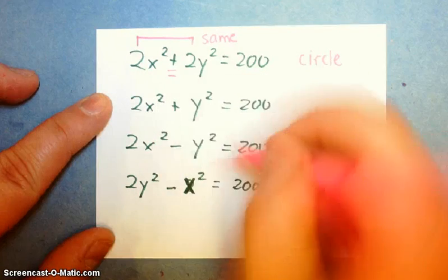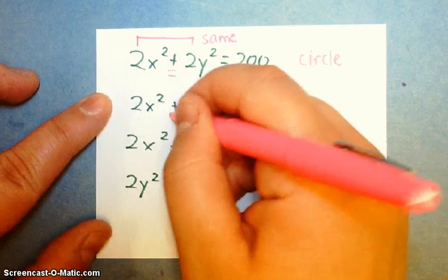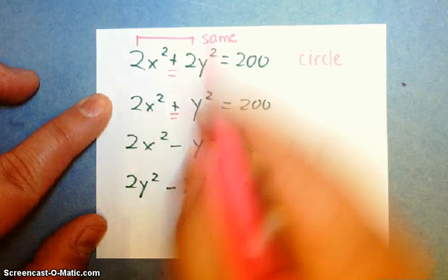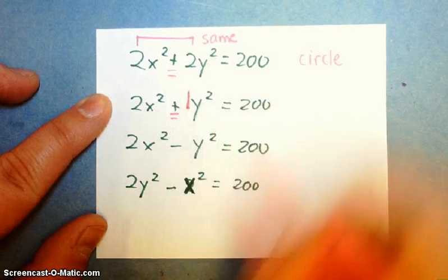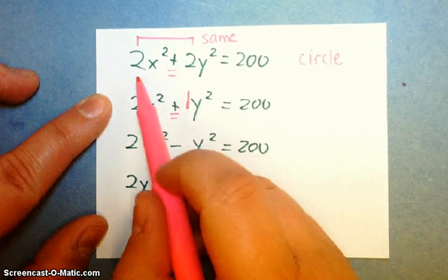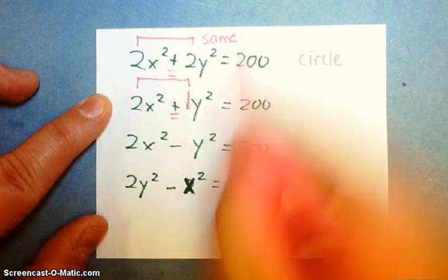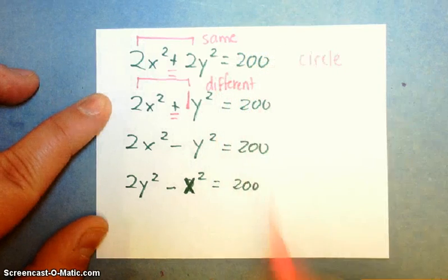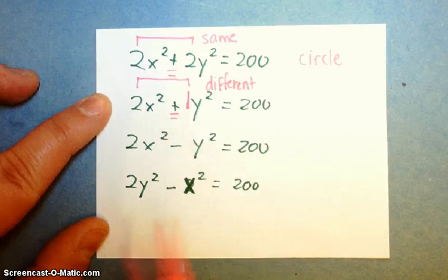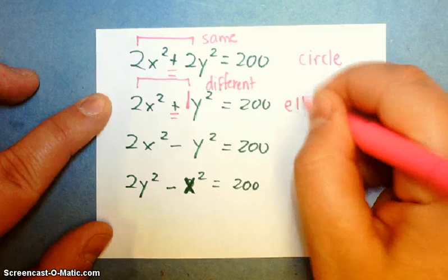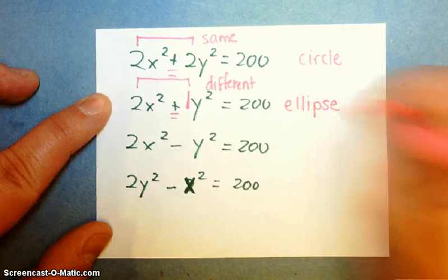The other option you have, if you've got a plus in between these x squared and y squared, the number in front of our x squared here is 2, and I know it's not written in there right now, but the y has a coefficient there of 1. If these two numbers are different, that's what causes the stretch in your graph. The circle, they're the same. The ellipse, the different numbers are going to change the intercepts so they're a little different. This is when you have your ellipse.